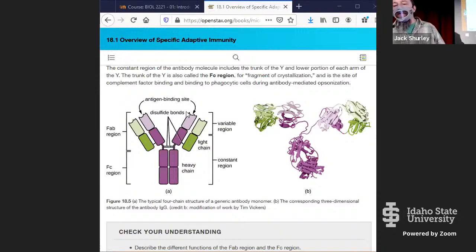That shape provides this antigen binding site that will recognize a specific epitope, a specific fragment of an antigen that will correspond to this variable region, and it will link up.